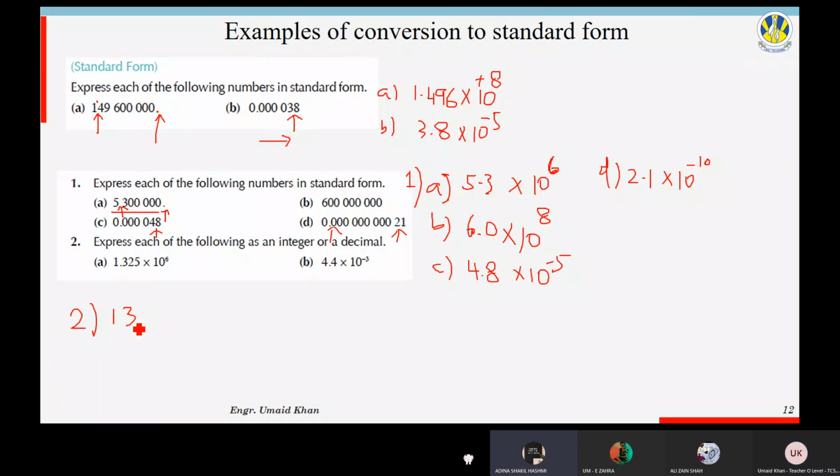It will be 1325000. So how many zeros will be there? 3 only, because the rest will be replaced by 325. Yes, exactly. Does everyone agree? Any confusion?